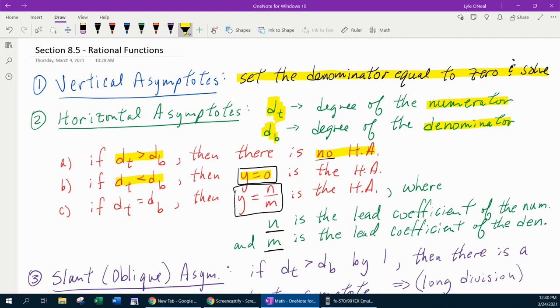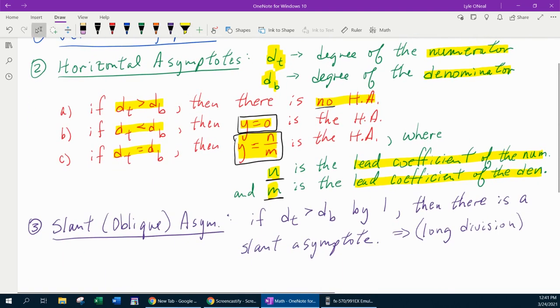Part C, if the degree of the top is equal to the degree of the bottom. In this case, the equation y equals n over m is the horizontal asymptote, where n is the lead coefficient of the numerator and m is the lead coefficient of the denominator. And hopefully this will make more sense when we do the examples.